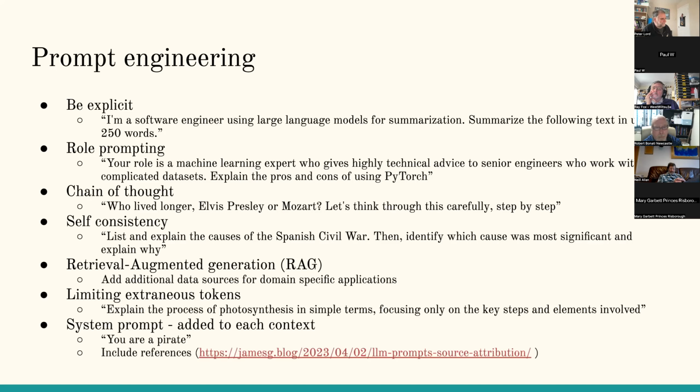I love that one. A really nice one, I'm going to demonstrate both of these, is if you're serious about using large language models for research, you might want to understand where the response comes from. So you can add a system prompt that includes all the references for the responses given, which is a bit more useful in my view.